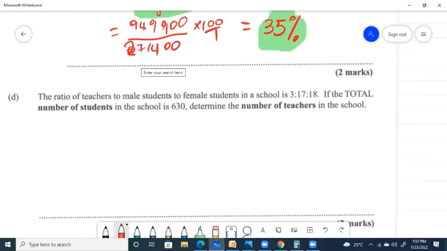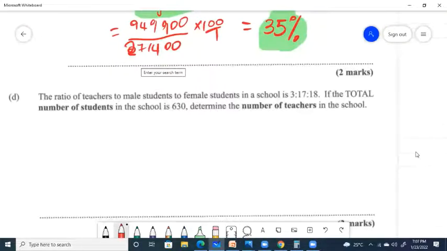All right, let's focus on this question. So this question says here, the ratio of teachers to male students to female students. All right, so it's a three-part ratio. Let's go again. I'll read over. The ratio of teachers to male students to female students in a school is 3 to 17 to 18.